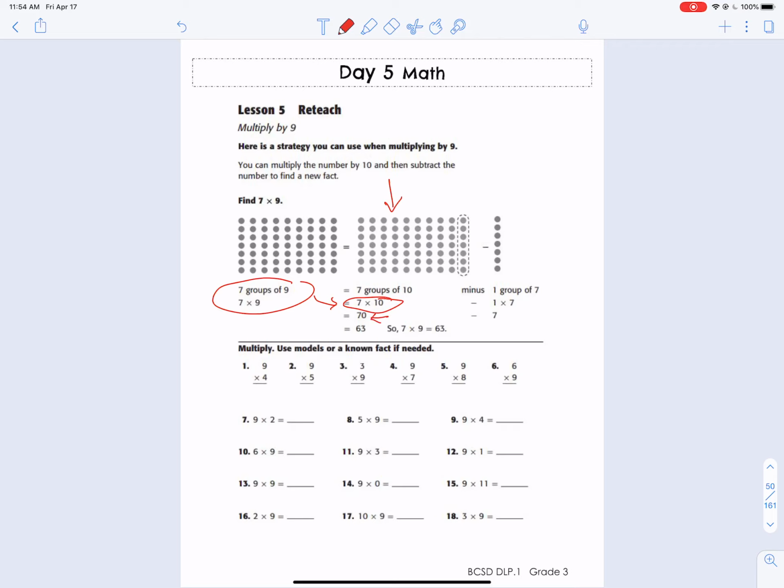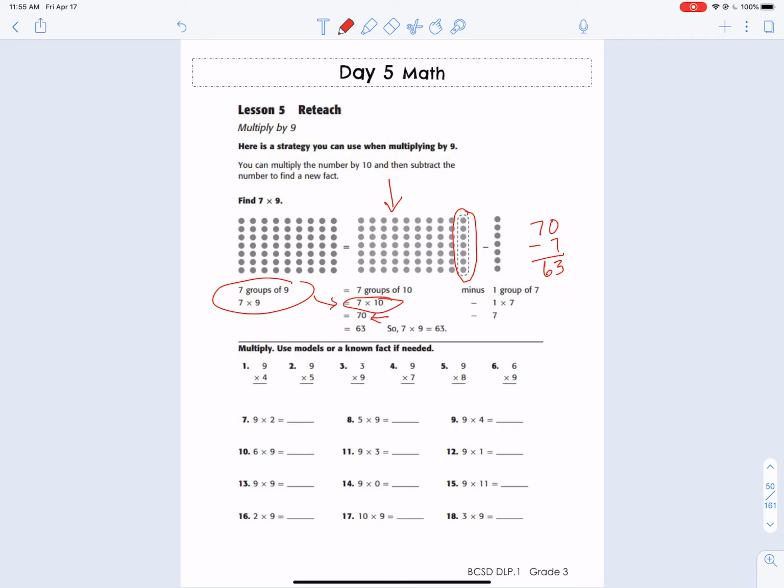So we know 7 times 10 is 70. Now all we have to do is take away 7, and that gives us the answer to 7 times 9. So 70 minus 7 is 63. That gives us the answer to 7 times 9.